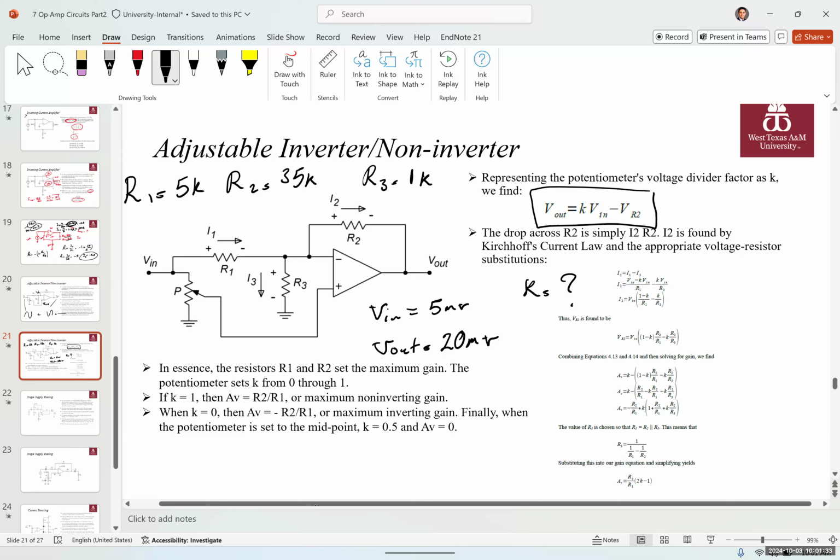Didn't get it. 0.79. Pretty close, I think. Yeah. So AV is equal to R2 over R1, 2K minus 1.